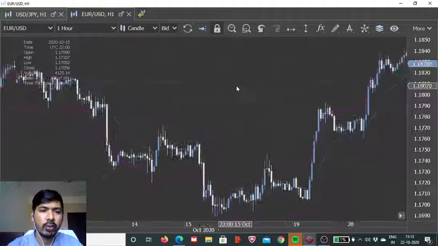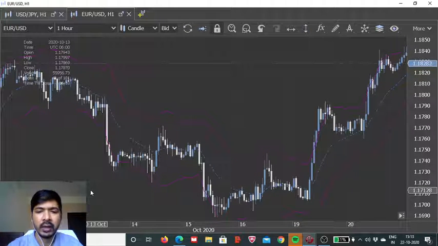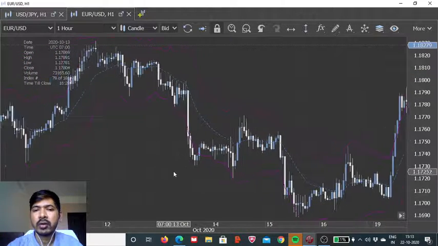The other use of this indicator is that you can try to figure out the overbought and oversold scenarios as well.